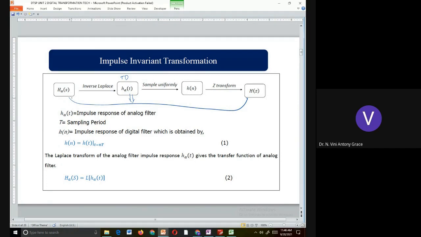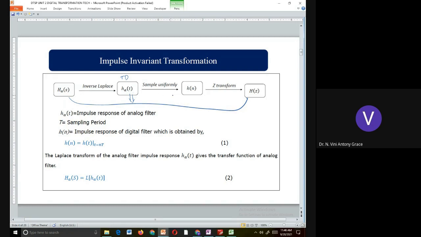Now we are going to convert this analog signal into a digital value, which means this continuous signal has to be converted into a discrete value and then to a digital value. As you know, the sequence of steps for analog to digital conversion is sampling, quantization, and coding.